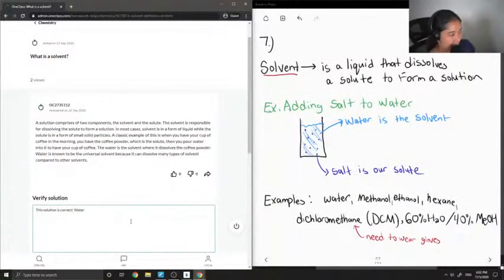Water is a common solvent, but it is not able to dissolve, let's say, non-polar solutes. In cases like this, a non-polar solvent, such as hexane, can be used.